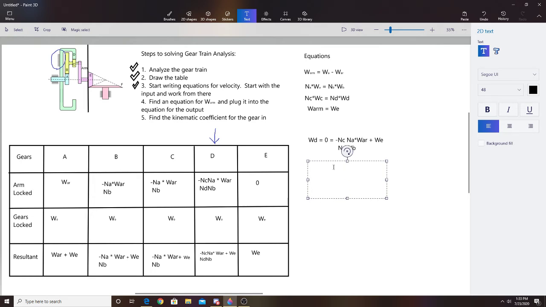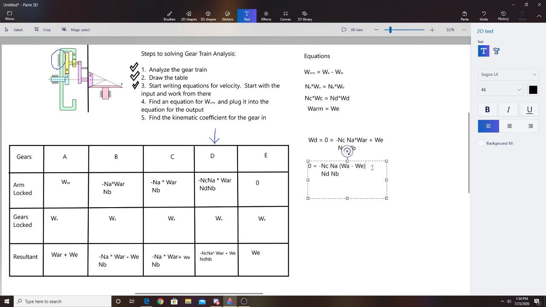And so if we do things that we know, we'll end up with minus NC over ND times NA over NB, times the quantity WA minus WE, right? Because remember, WE is the same as the arm here. So we can replace that, just like we've done in all the other ones, except that WE here is taking the place of the arm, right?